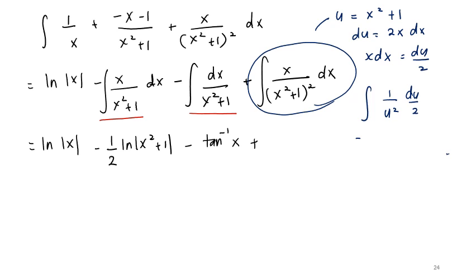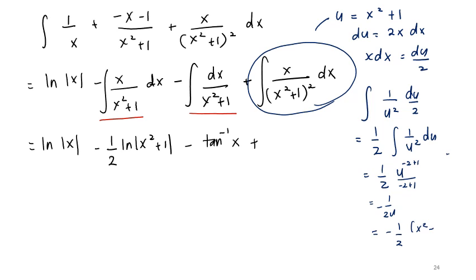That gives minus 1 over 2u. Then you put it back in terms of x: minus 1 over 2 times (x squared plus 1).